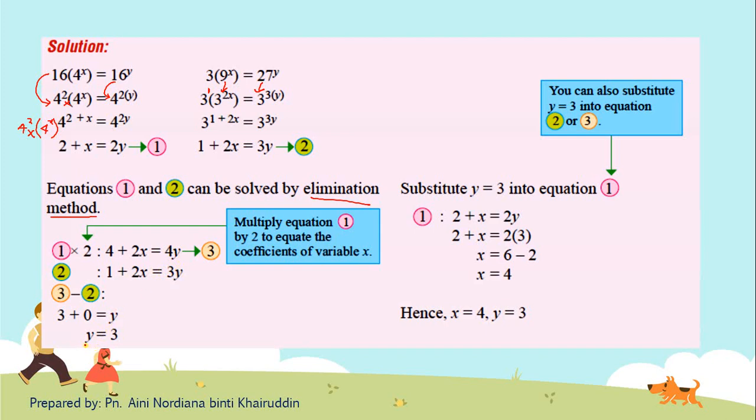So the answer for y is 3. Once you get the value of y, then substitute y equals 3 into equation 1. So this is equation 1. So substitute 2 plus x equals y. Y substituted with 3. Then you will get x equals 1. Hence, x equals 1 and y equals 3.